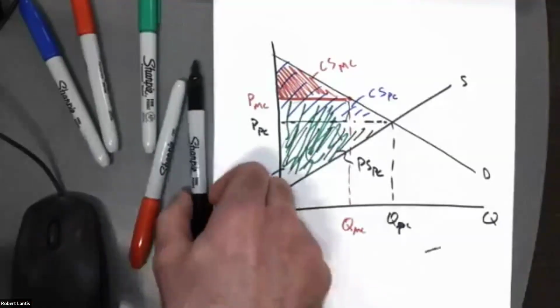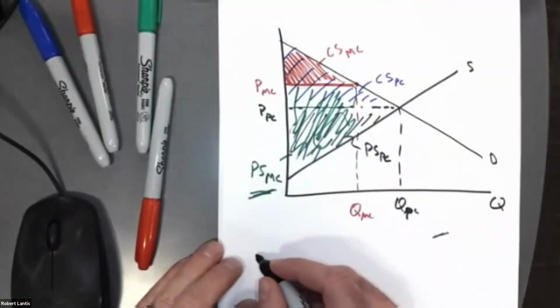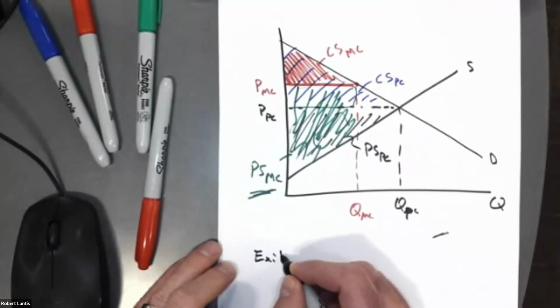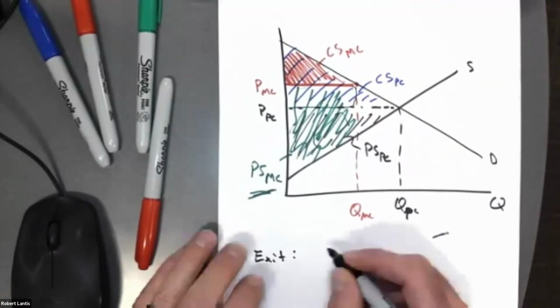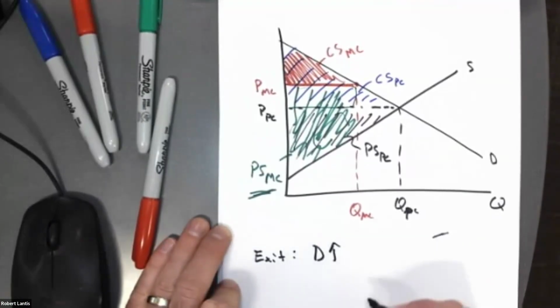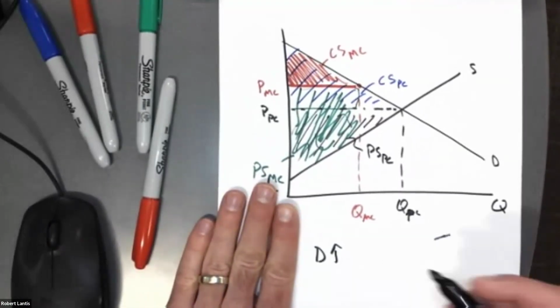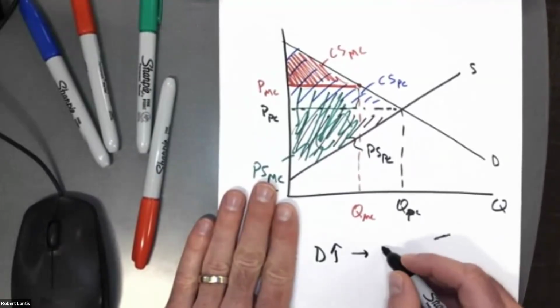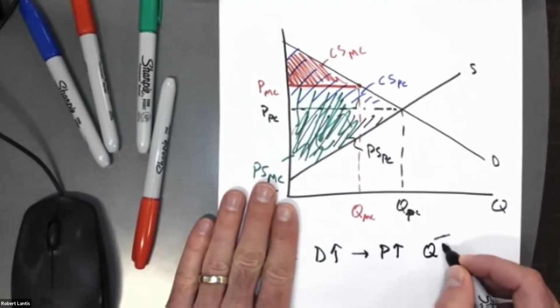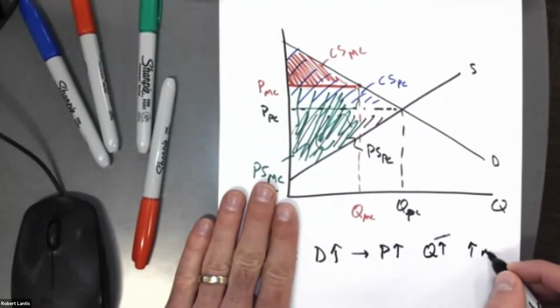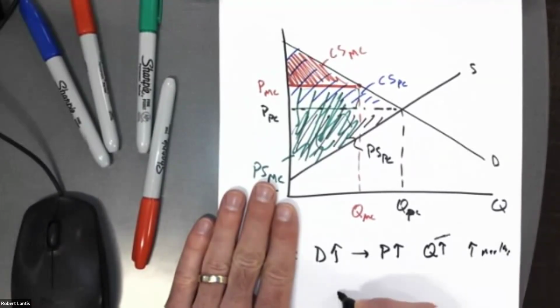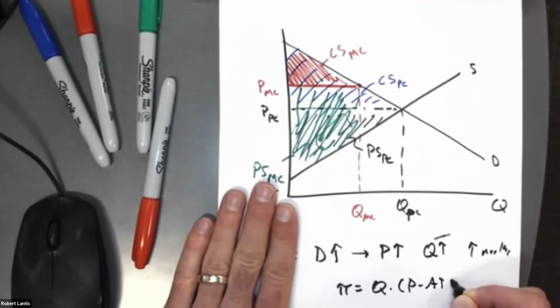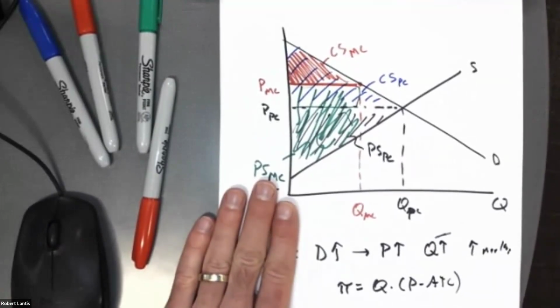We said it was similar when we thought about firms exiting. What did that really do? Well, it was causing a demand increase. So if I can increase the demand for my product, we said that's going to result in higher prices, higher quantity, and a higher markup. But if I'm thinking about my profits, profits are the difference between price and average total costs, times quantity.